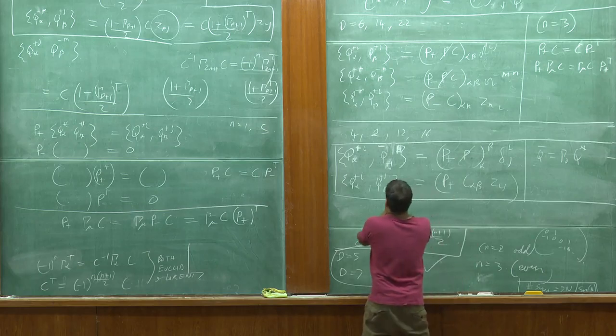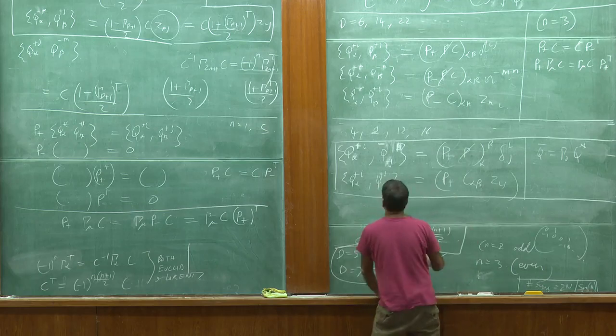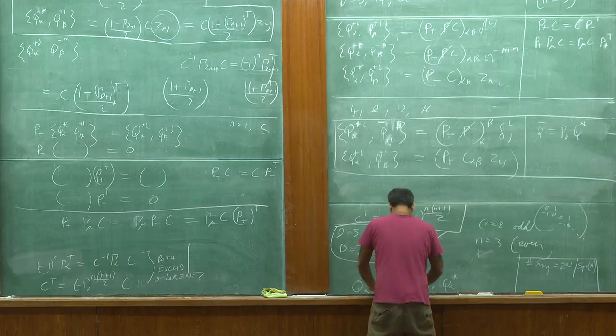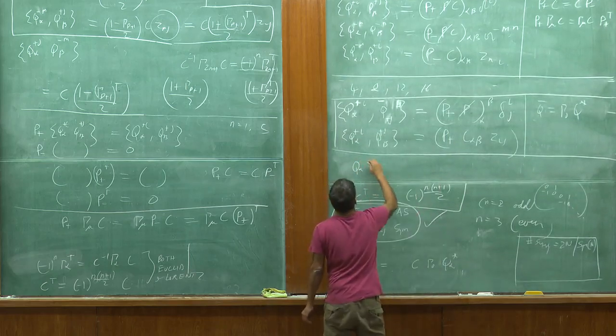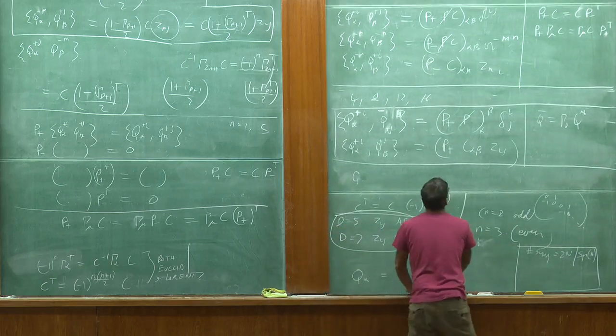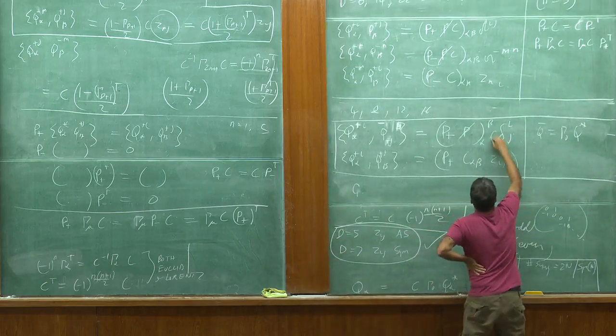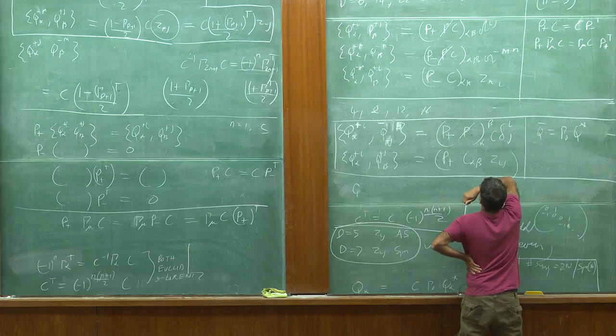Right. So we want to take this. So the question is, if we do the following, if we take Q alpha, if we take the right hand side, multiply by C, shouldn't we multiply by P minus transpose?